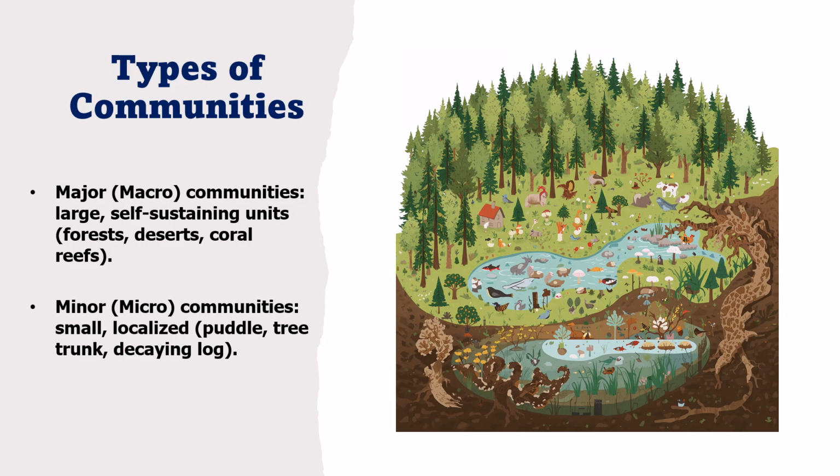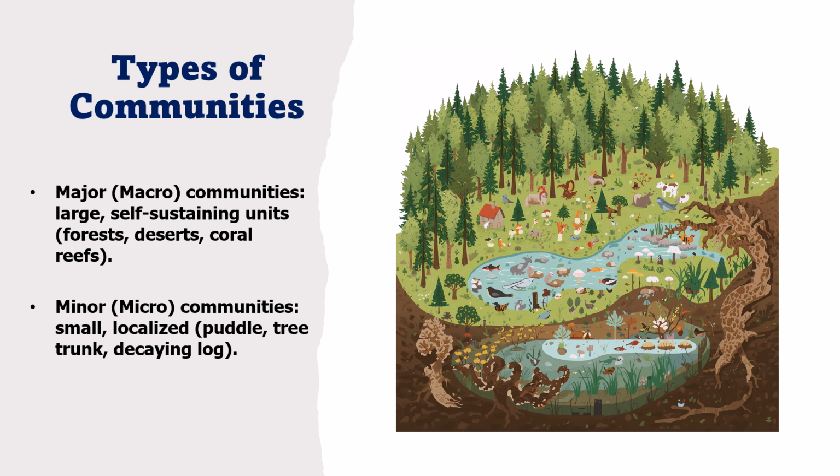Now, talking about the types of community, communities can be classified into major or minor communities. Major or macro communities are large, self-sustaining ecological units like forests, deserts, grasslands, or coral reefs, which contain a wide variety of species and complex interactions. Minor or micro communities are small subdivisions within larger ecosystems, such as a pond within a forest, a decaying log, or even a tree trunk.